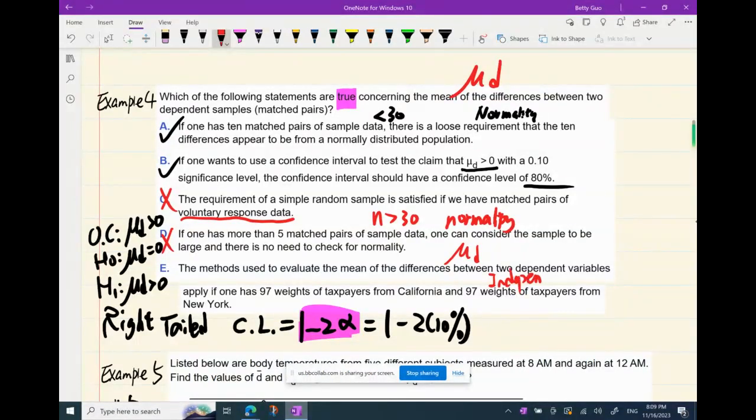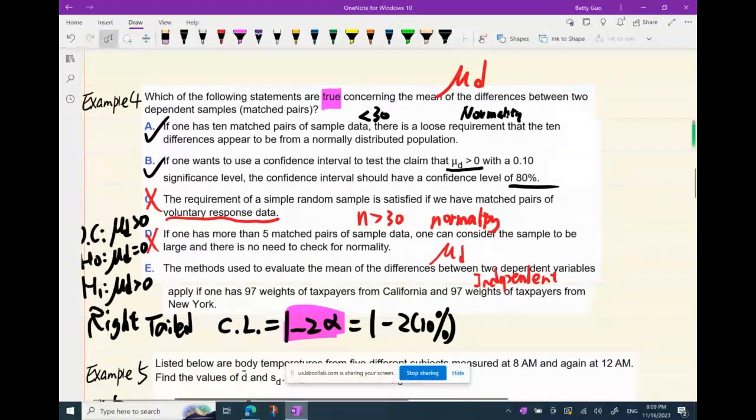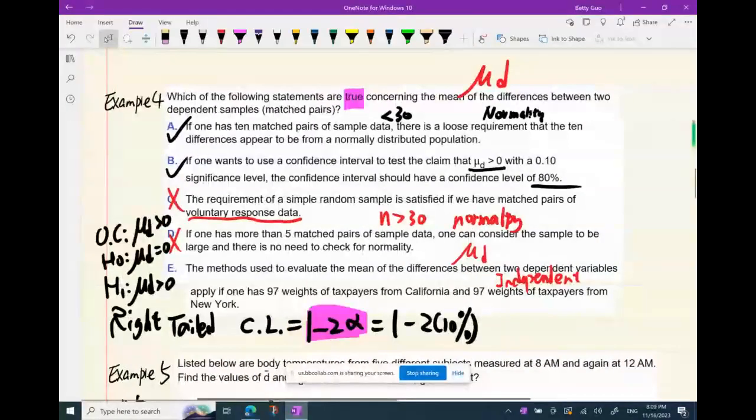From the information given, I do not see any meaningful or inherent relationship between the two samples. The method we learned today is only for two dependent samples. So E is incorrect. This is a pretty good question.